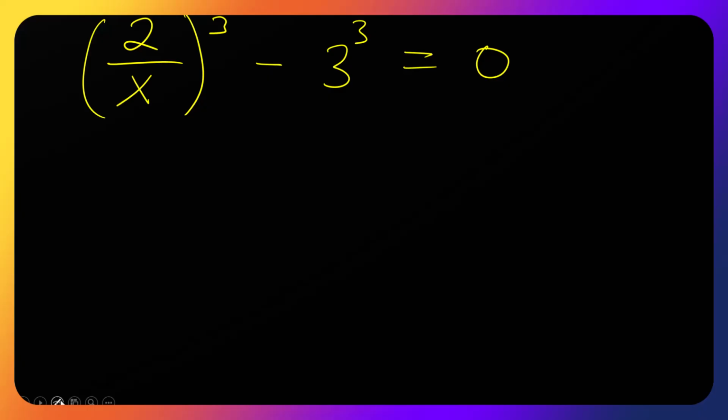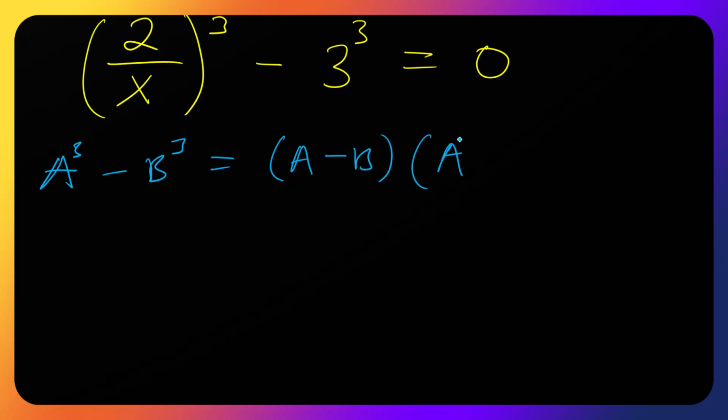All right, so from here, a cube minus b cube is the same as a minus b, a squared plus the product of a and b plus b squared.